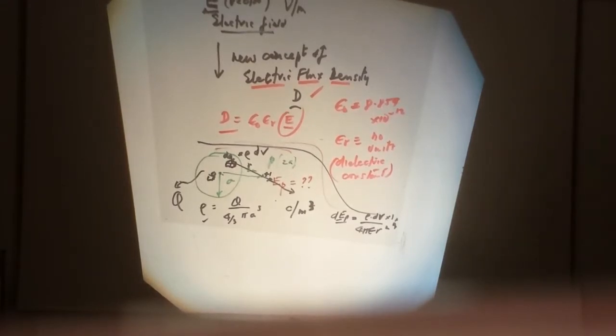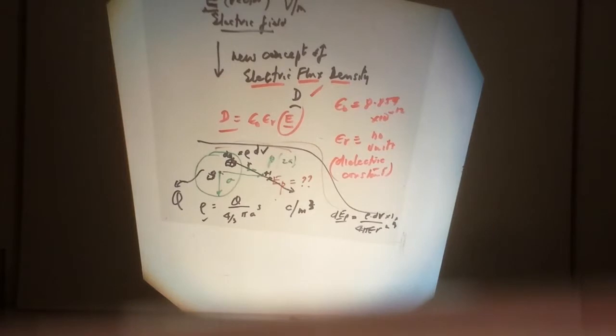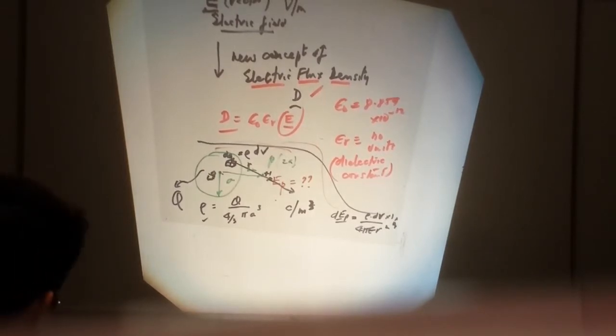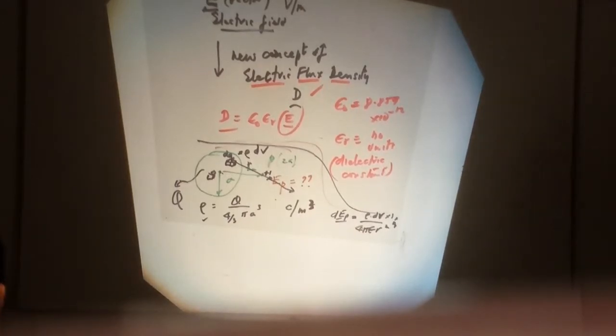So many watts per meter square gives me some flux density. Similarly, if you use this new concept of flux density vector and exploit the symmetry of the source, you can solve this complicated problem just like that.